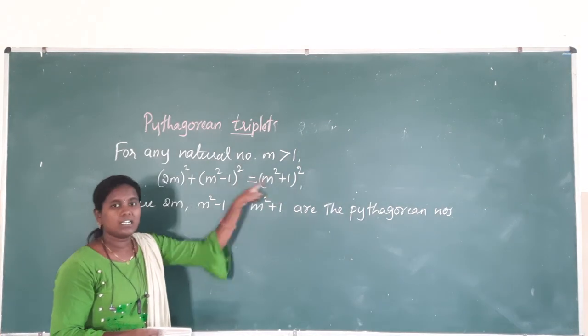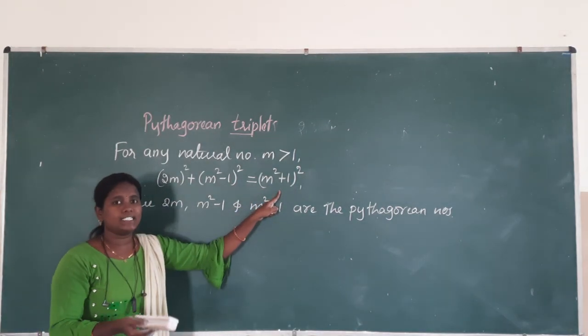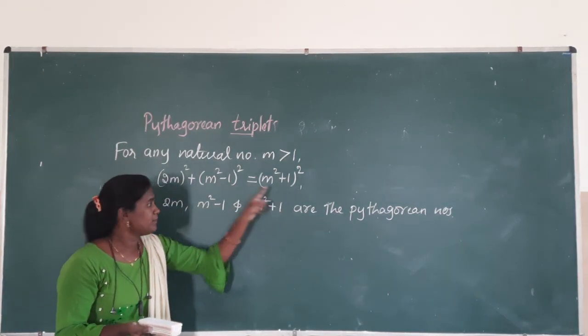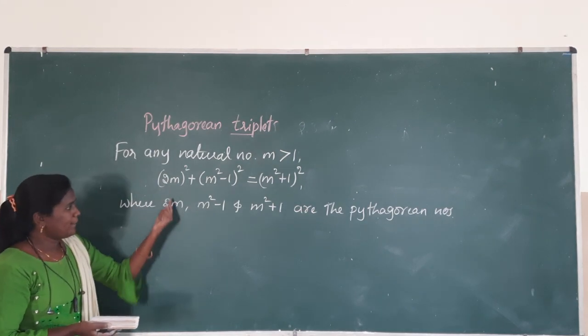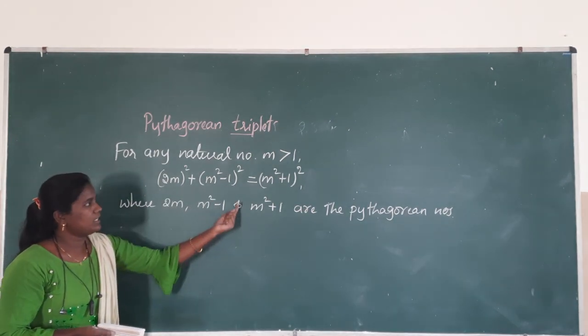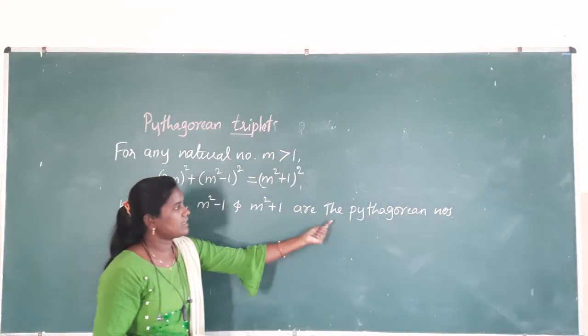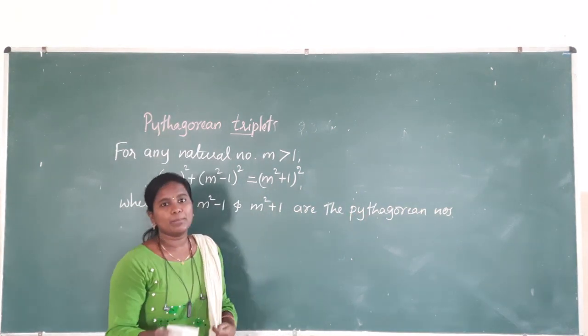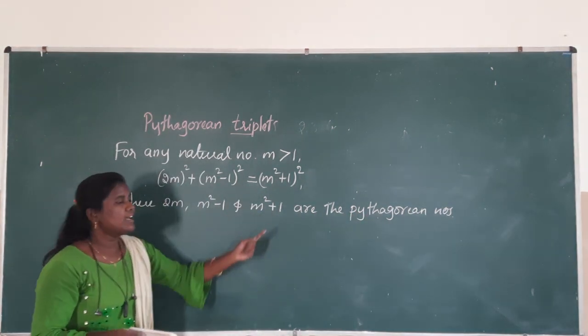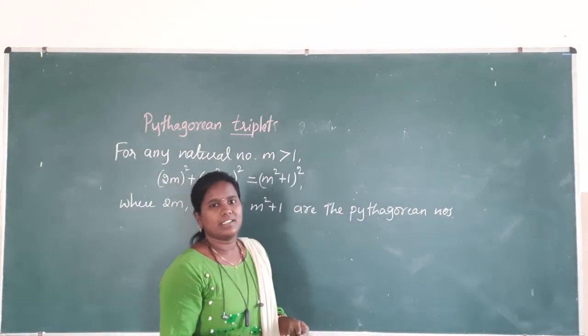This is the formula to find the Pythagorean triplets, where 2m, m square minus 1 and m square plus 1 are the Pythagorean numbers.